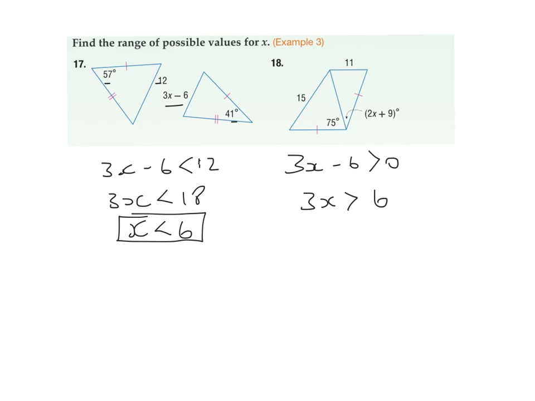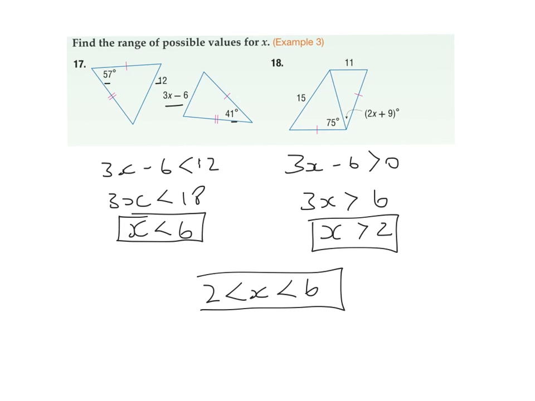Divide through by 3, so x must be greater than 2. Okay, so let's put these two together. So x is greater than 2 but less than 6. And there is your compound solution.